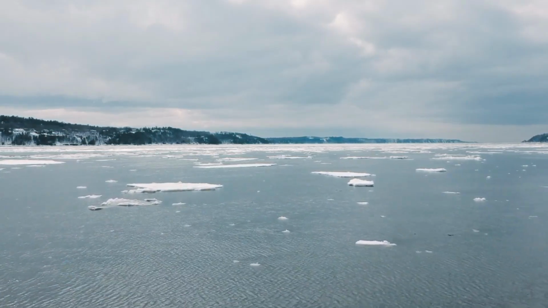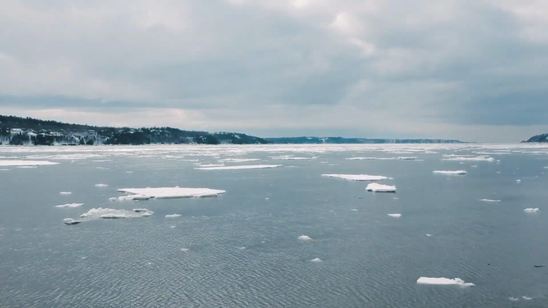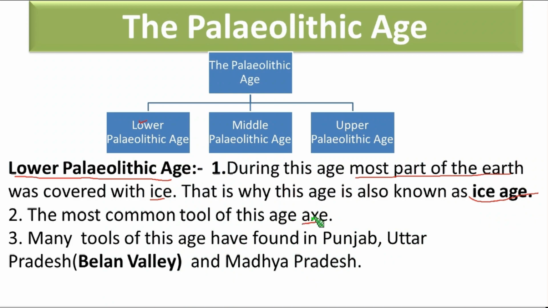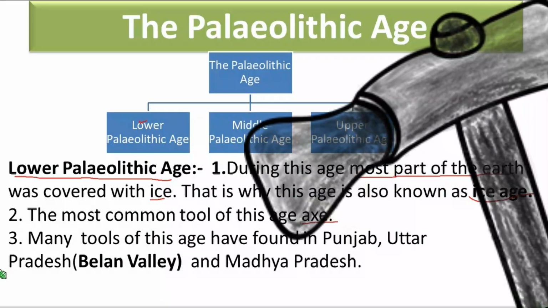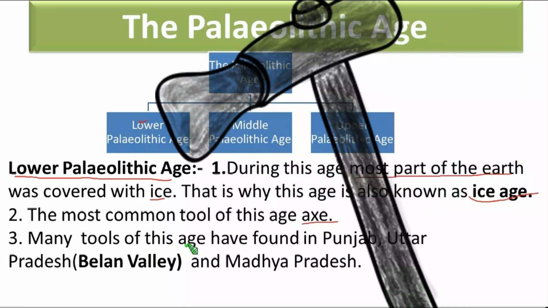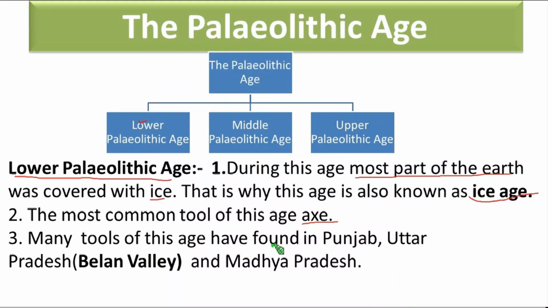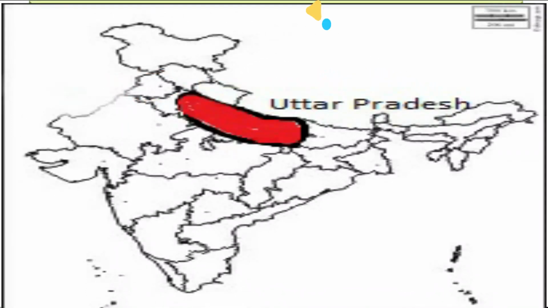Most common tools of this age were axes and hammers. Many tools of this age have been found in many parts of India, like some tools have been found in Punjab, Uttar Pradesh, and in Madhya Pradesh.